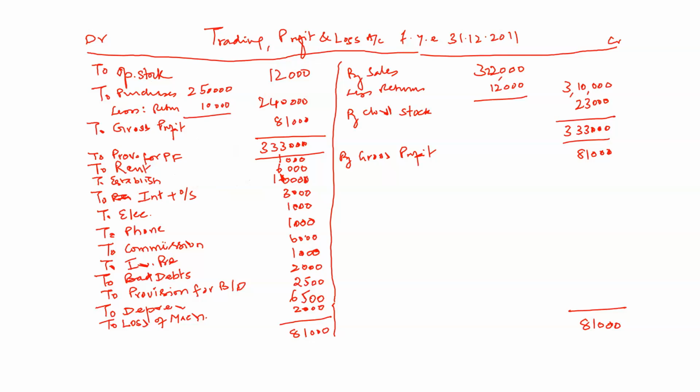So how should this be recorded in P&L account? In P&L account you have to write these aspects on the debit side: manager's commission, $3,000.